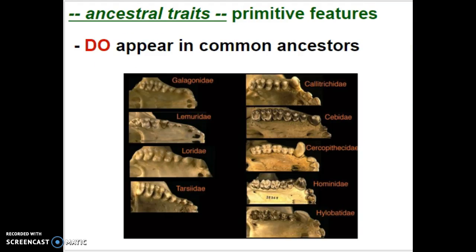Ancestral traits, however, are found all along the line of descent for an organism. So ancestral traits are primitive features. They do appear in common ancestors. Here in the diagram that you see, these are the teeth of the hominid family of which we are a part.